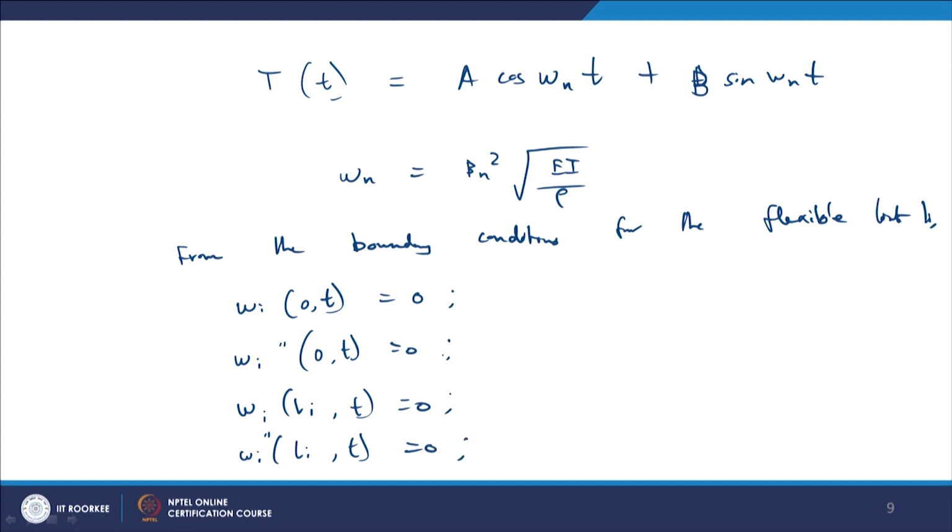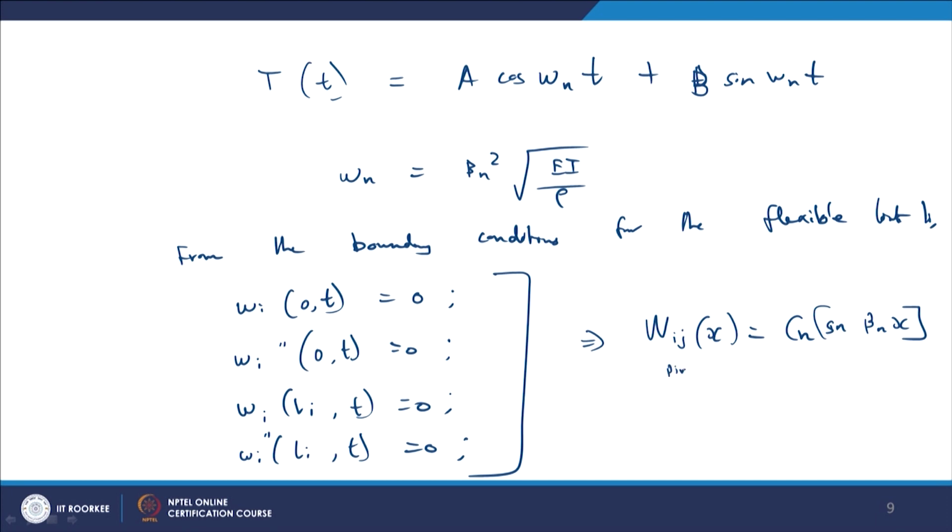With these boundary conditions, we can have the general solution, that is, for the first normal mode it has the form W_Ij(x) equal to C_n sin(β_n x). That is for the situation which is pinned.